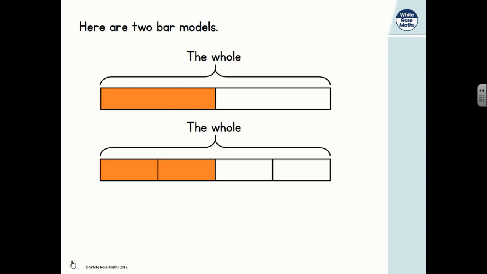Here are 2 bar models. No delicious chocolate this time. What do you notice about the bar models? The first one is split into 2 equal parts, 2 halves. And the second one is split into 4 equal parts, 4/4. 1/2 is shaded on the first bar, and 2/4 is shaded on the second bar.